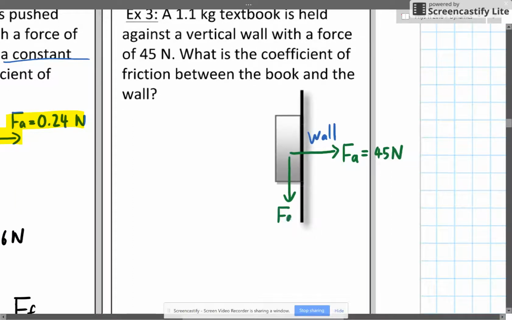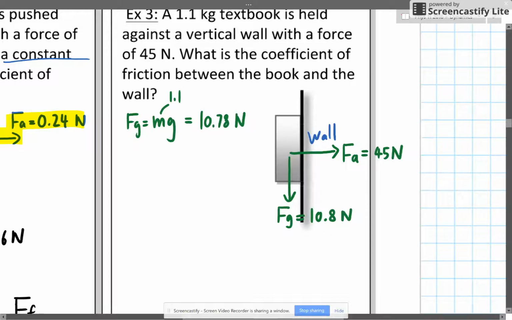We know how much it is because they tell us the book is 1.1 kilogram. So force of gravity is mg. If the mass is 1.1 kilogram, we multiply that by 9.8, and we get 10.78 Newton. So this force of gravity is about 10.8 Newton.